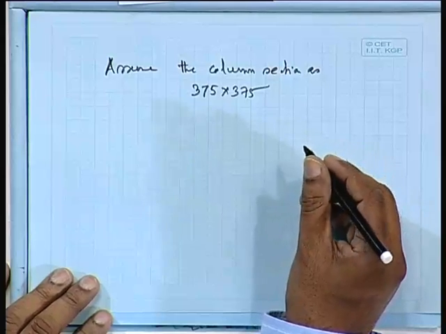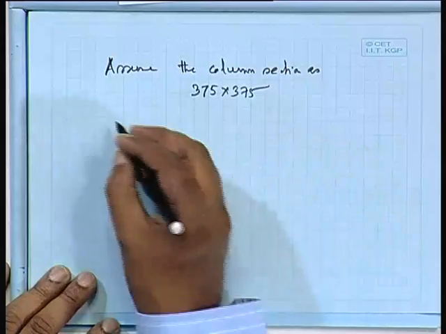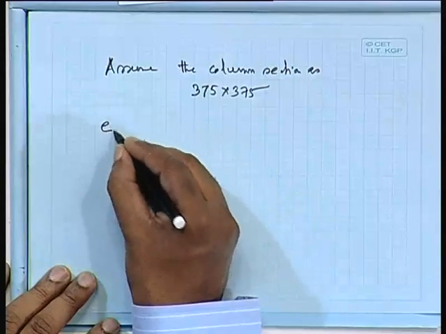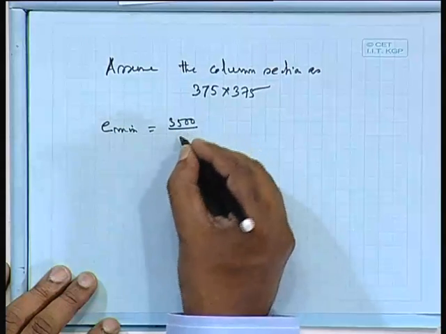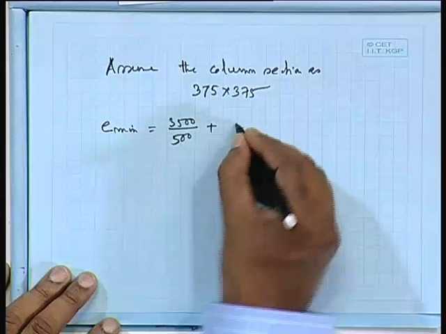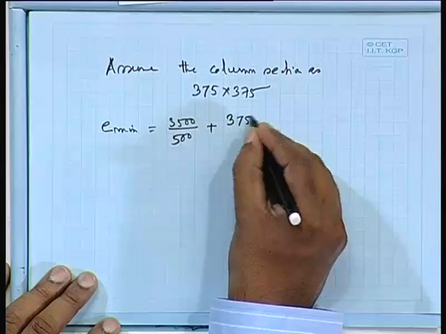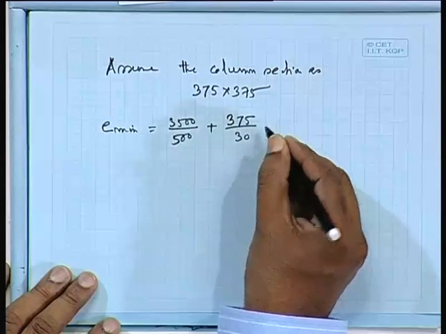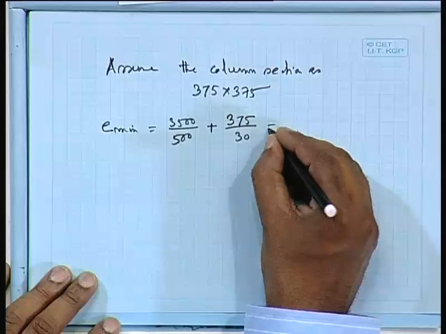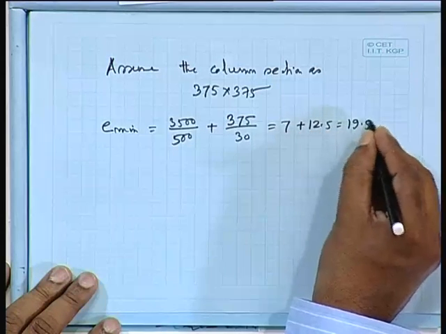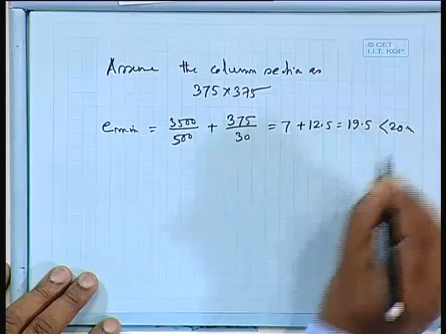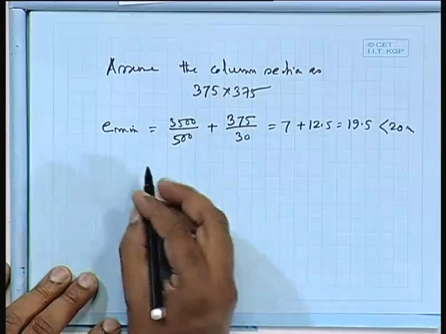So, what we can do here, e min is L by 500 plus 375 by 30, which comes as 7 plus 12.5 equal to 19.5, less than 20 millimeter.